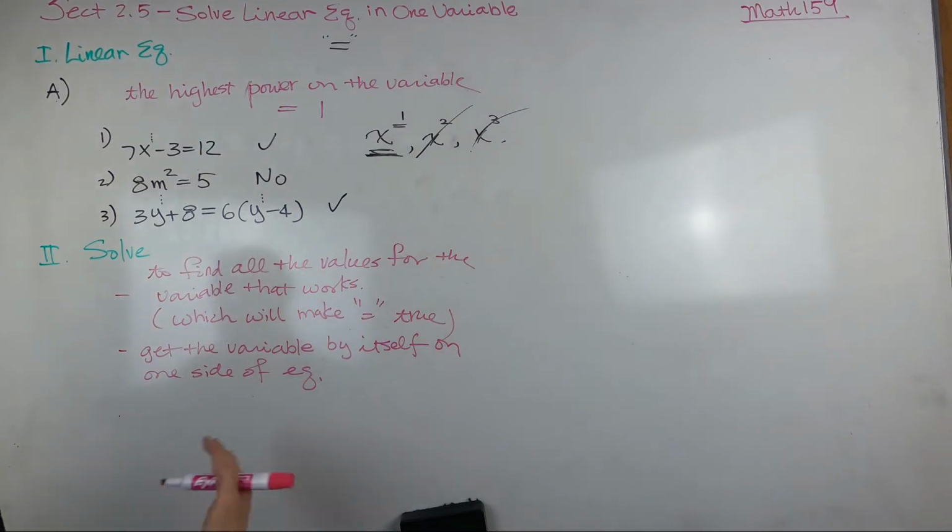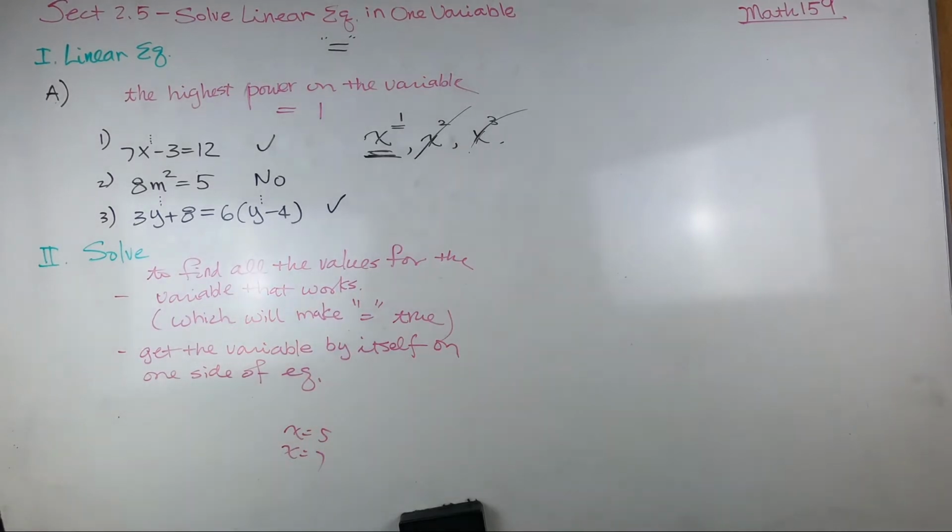The method is you get x by itself, say x equals 5, that would be your answer. x equals 7, that would be your answer. That's the idea, just get x by itself. That's the method we are going to use to solve linear equations in algebra.